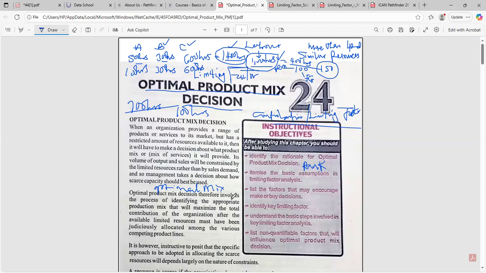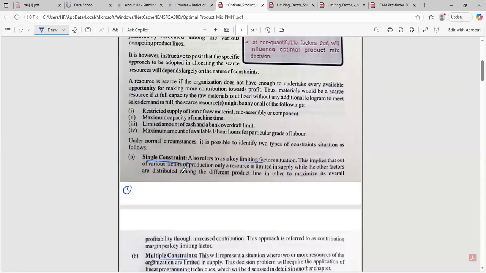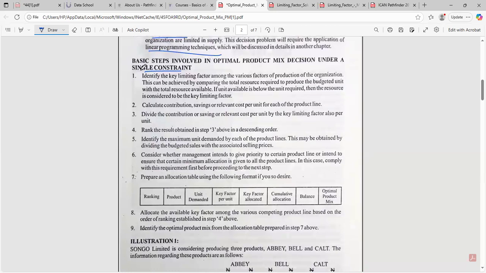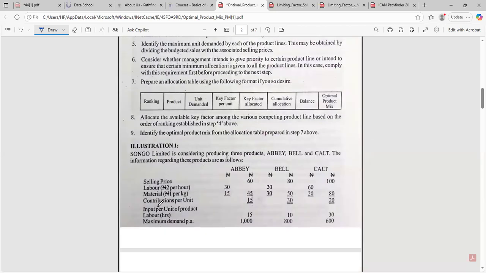Does this make sense now? So I've given you 4 solid steps. With these 4 steps, there is no limiting factor problem you will not be able to solve, except that a limiting factor problem can be designed to fail you. But as far as ICAN and ACCA are concerned, this is good to go. So the 9 steps have been broken down into 4, and those 4 supersede all the others.